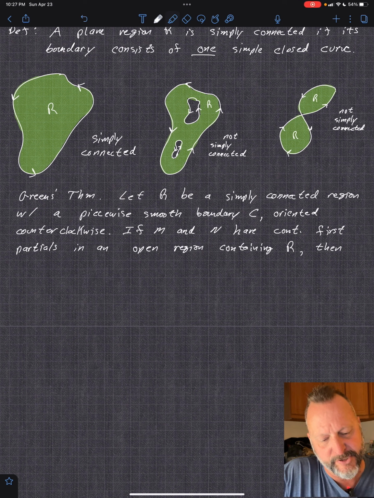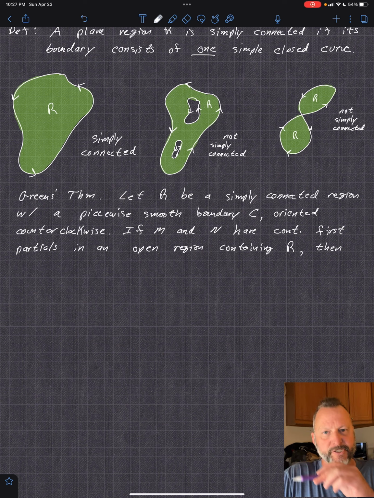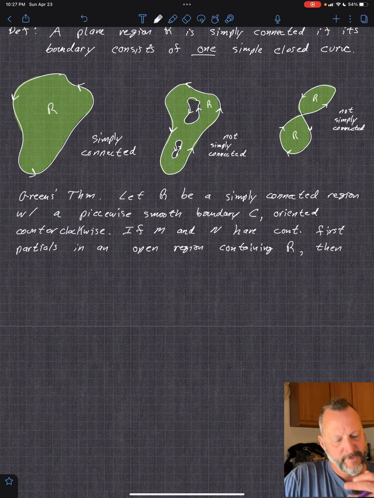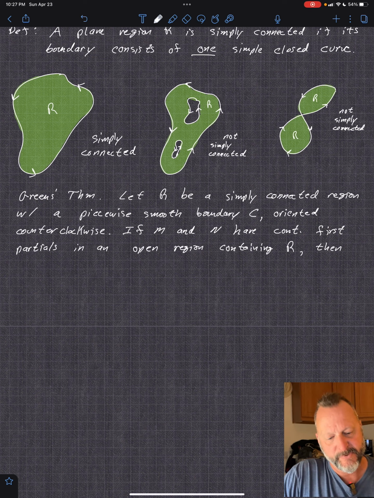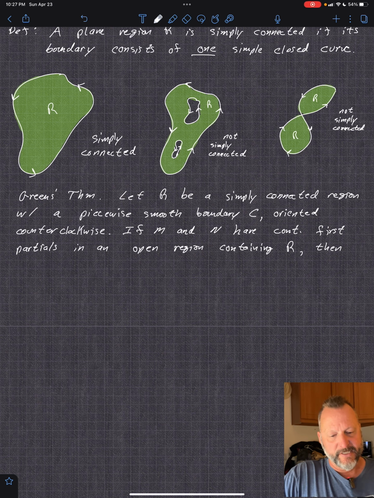It's just essentially putting a bigger region around your simply connected region. So the key is that the boundary is simply connected and it's piecewise smooth. So it could be like a circle, then a line, that kind of thing.